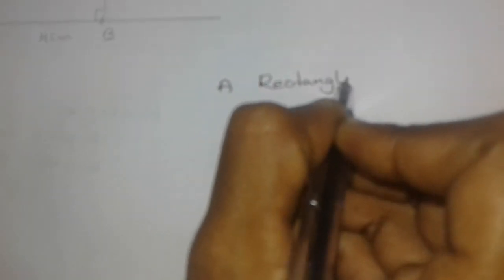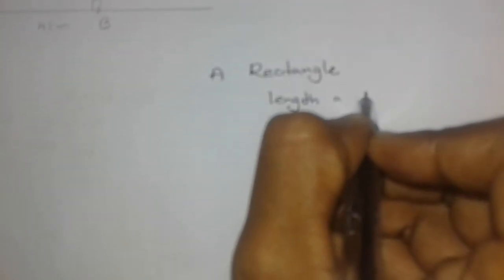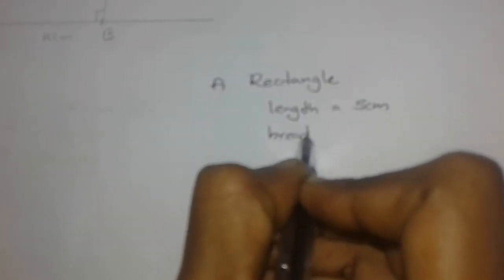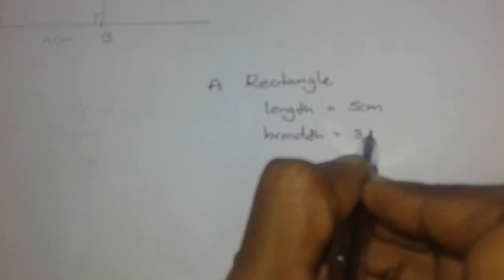Then we are going to draw a rectangle. Length equal 5 centimeter and breadth equal 3 centimeter. Okay, let's start.